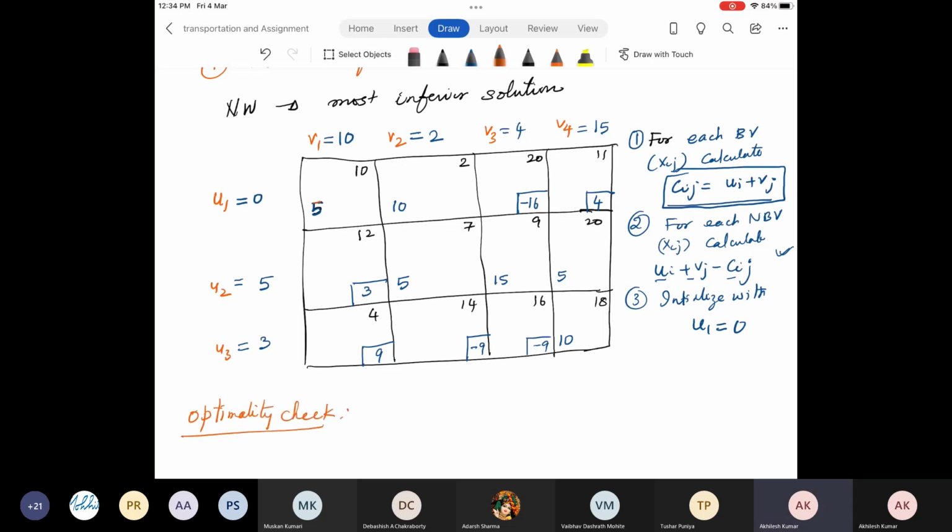What the optimality check tells you is that the non-basic variable coefficients you have found, ui plus vj minus cij, should all be negative. If all of them are negative, stop, you are at the optimality.